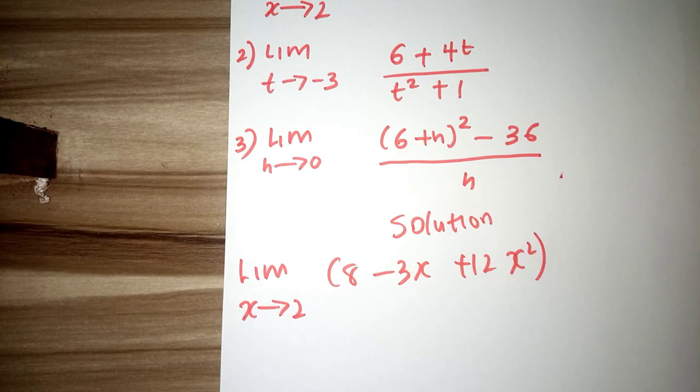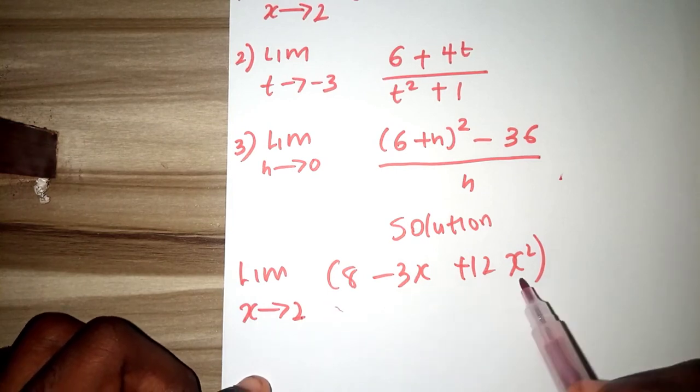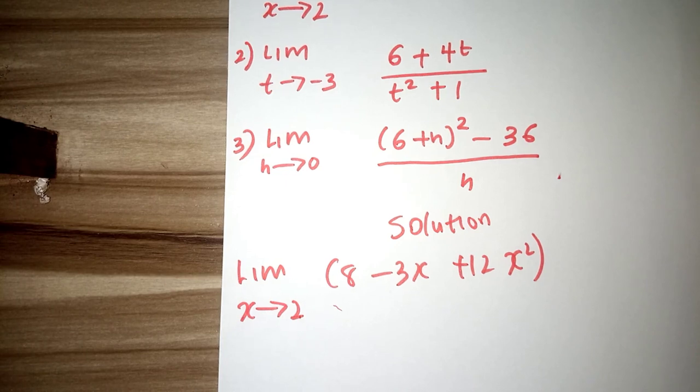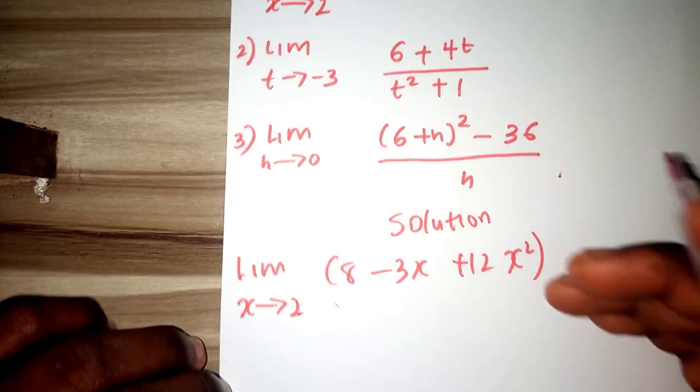Because whenever one particular method can work, let's say when you input the 2 you get a definite answer, you should not use L'Hopital's rule. But when you input your value and you don't have a definite answer, maybe undefined, then you can use what? L'Hopital's rule.